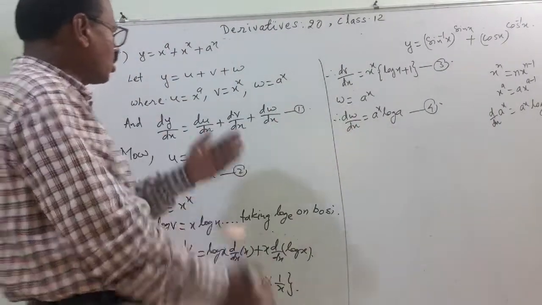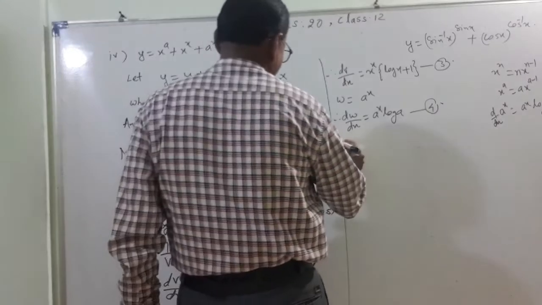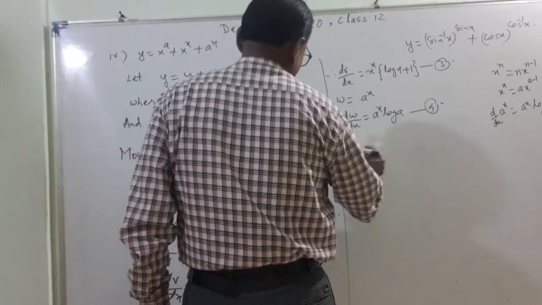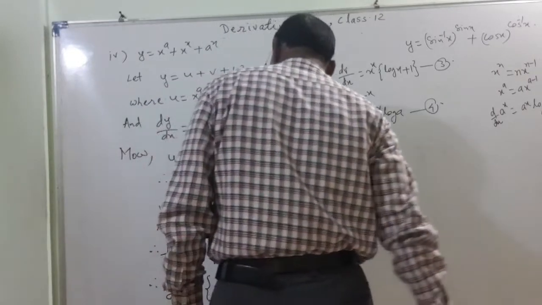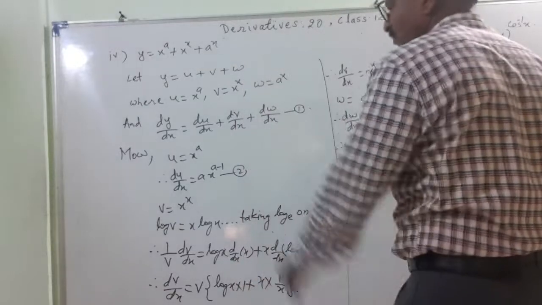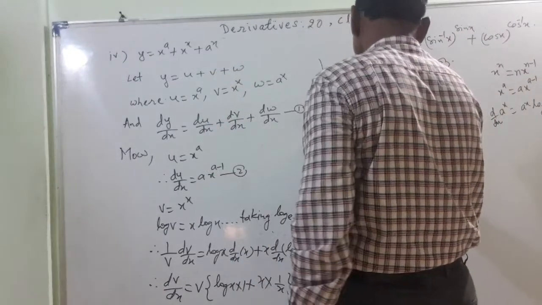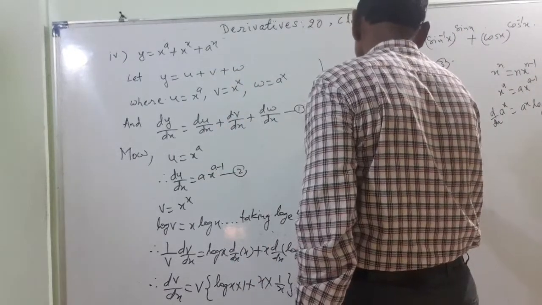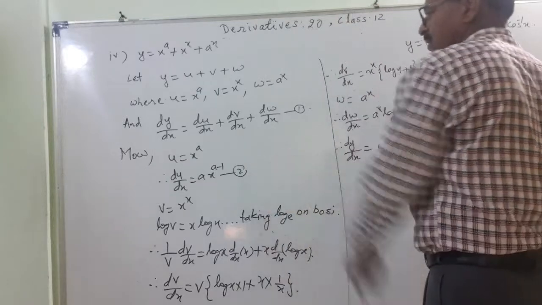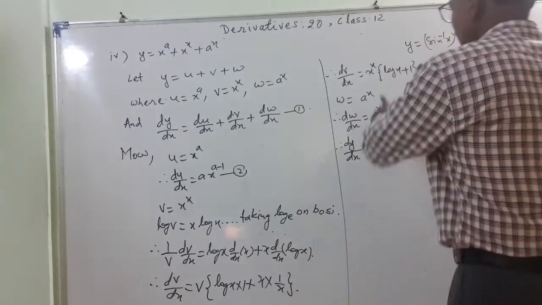Now collect them all together. Therefore, dy by dx is equal to, what is the value of du by dx? A into x raised to a minus 1. dv by dx, what is the value of this?